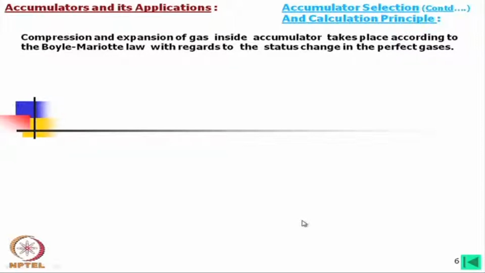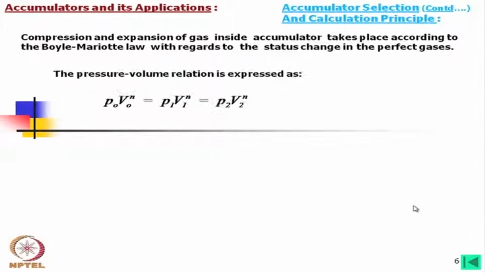Then compression and expansion of gas inside the accumulator takes place according to the Boyle-Mariotte law with regard to the state change in a perfect gas. This means, considering the isentropic change, the pressure-volume relation is expressed as P0 V0 to the power n equals P1 V1 to the power n equals P2 V2 to the power n, where V0, V1 and V2 are the volumes of the gas in the bladder.